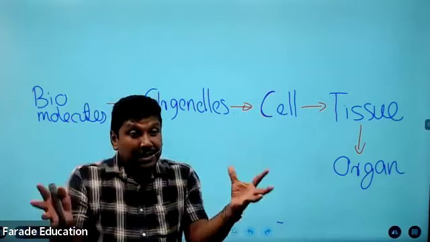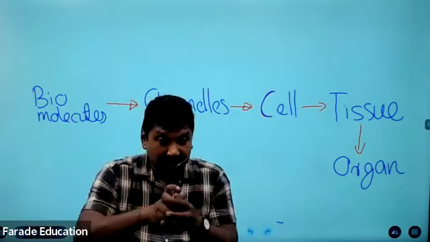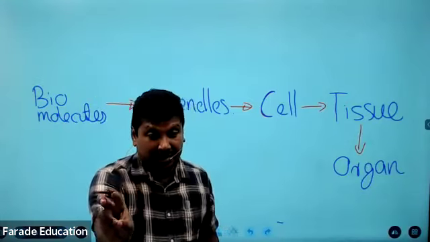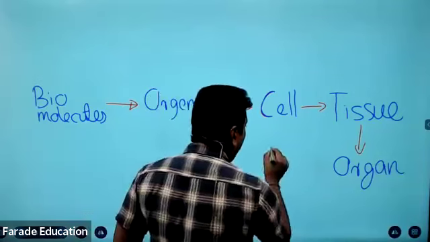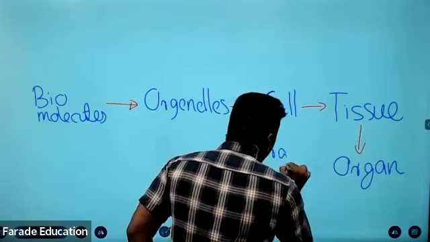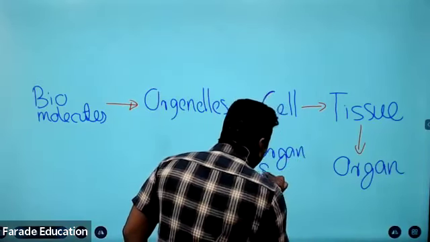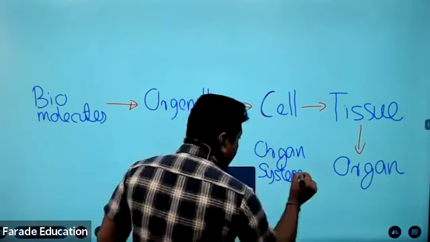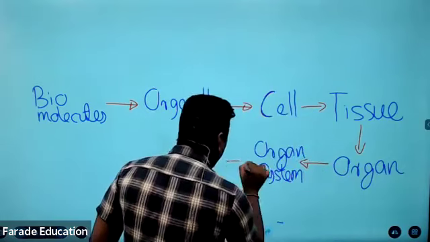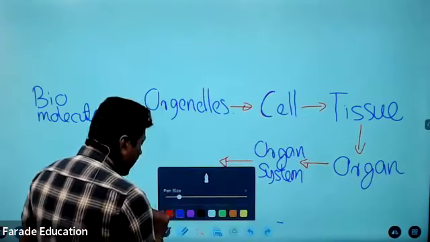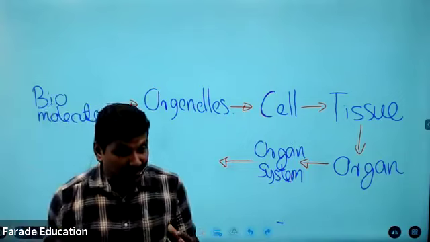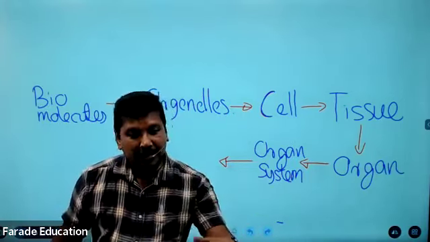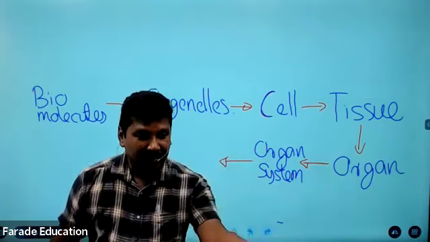Organs get together and they make an organ system for a particular function. Organ system. Examples of organ systems: cardiovascular system, respiratory system, GIT, reproductive, excretory, immune, endocrine, all these things.